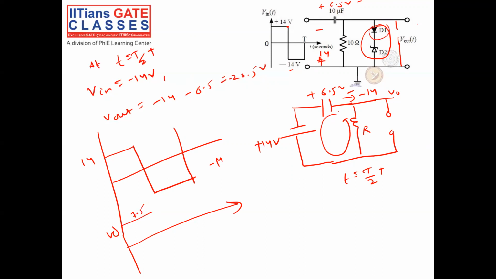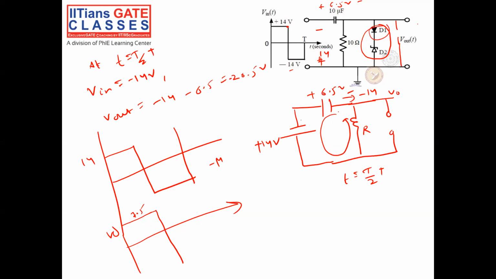Then at T by 2 plus, my output will have gone to minus 20.5. Right now, my capacitor will slowly discharge, then charge to minus 14. So when it will charge to minus 14, what will be my output? My output will be from here to here minus 14, here to here plus 14. So it will be 0.